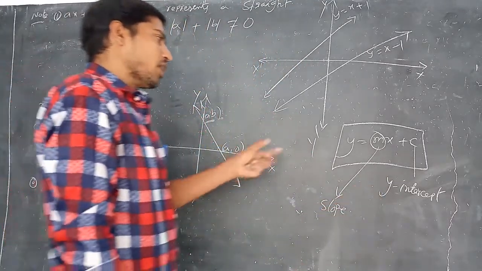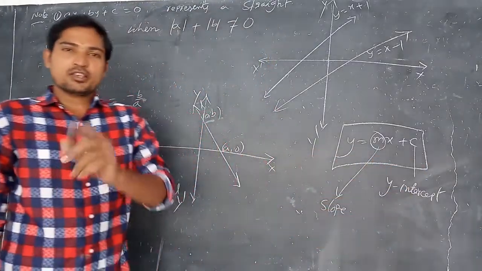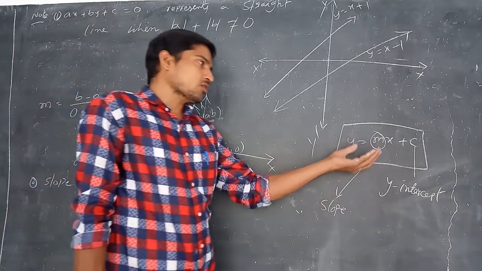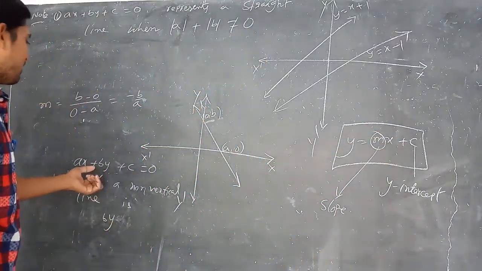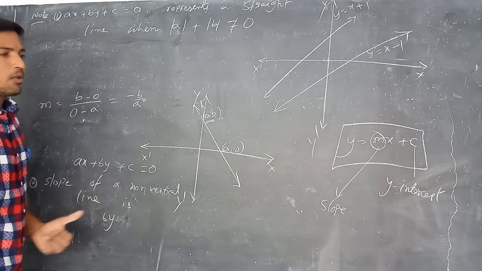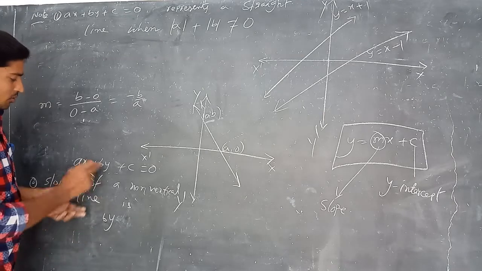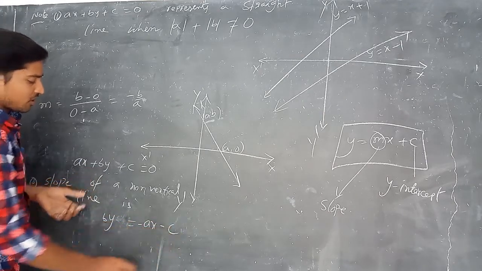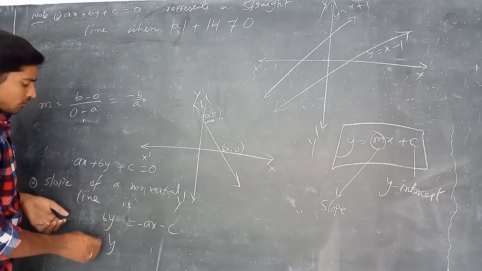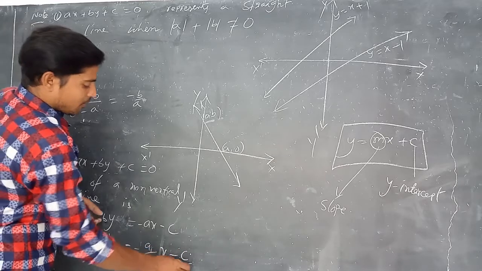If you convert any equation into the form y is equal to mx plus c, you can easily decide what the slope and the y-intercept are. Like that, let us write this in the form y is equal to mx plus c. So by is equal to minus ax minus c, and y equal to minus a by b x minus c by b.